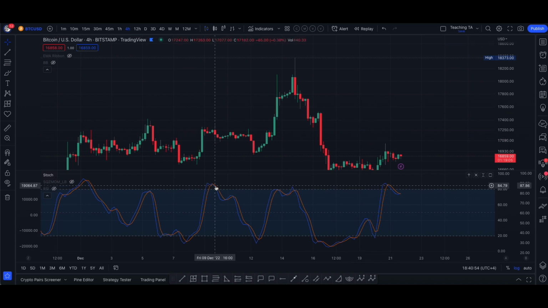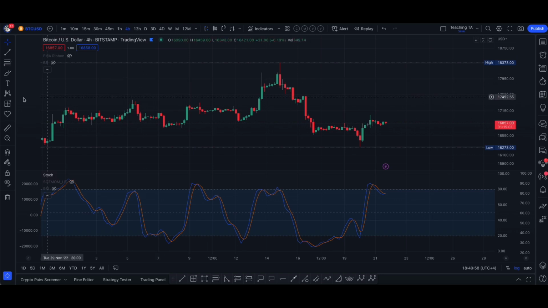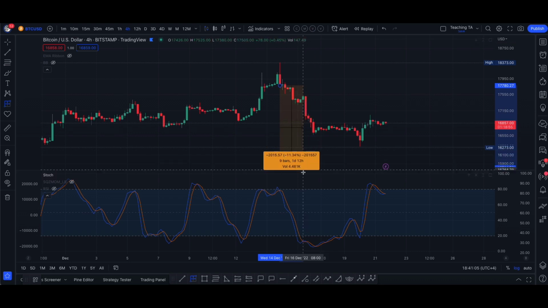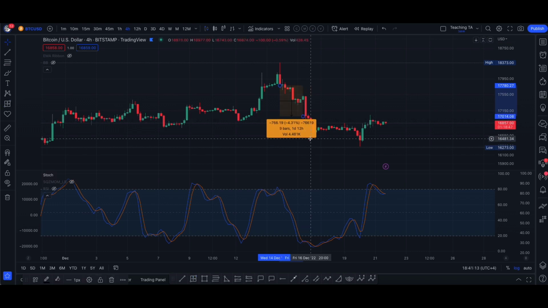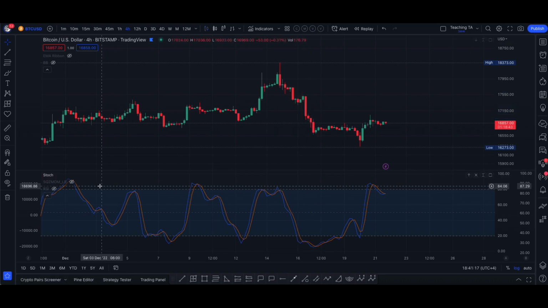And you saw it here as well, when the price crossed, we had an even more significant move to the downside. So if you had shorted exactly on this candle and closed your short when we crossed to the upside over here, so it was at the close of this candle, you would have made 4.31% unleveraged on the 4 hourly chart on Bitcoin. So that would have been insane as well.